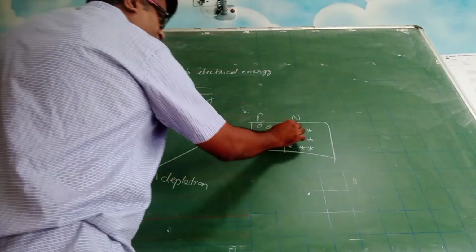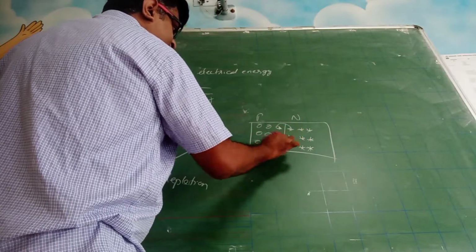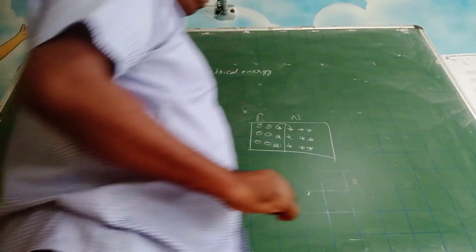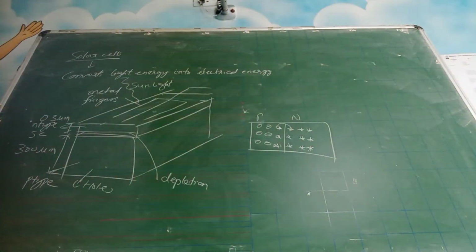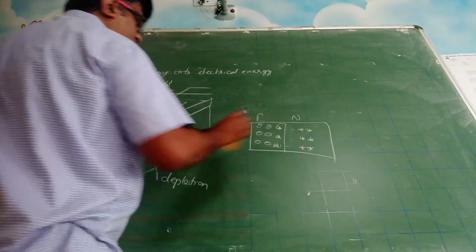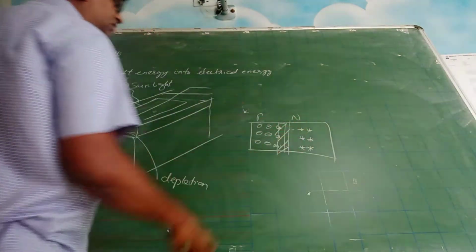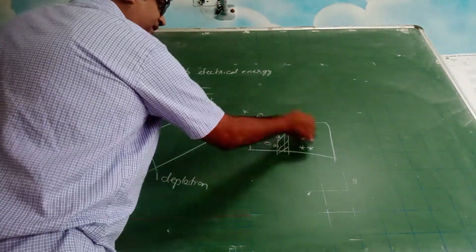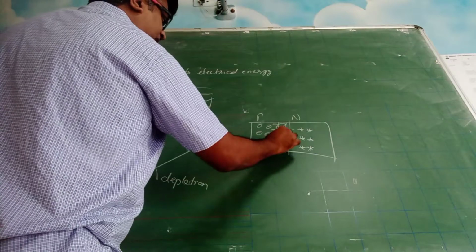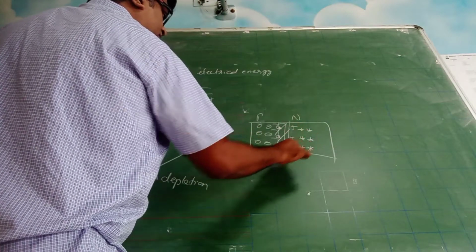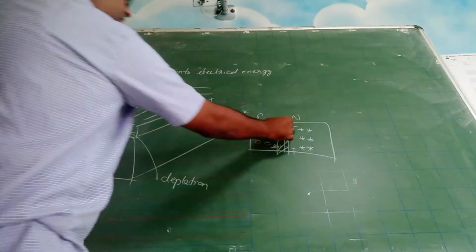Let us say this electron is filling this, so I will write here. So here there is a gap now. So you can see there is a small region here. Some holes may be left over this side, and some electrons may be pushed over to this side. So there will be a negative charge here and a positive charge here. So you will have a barrier potential here.